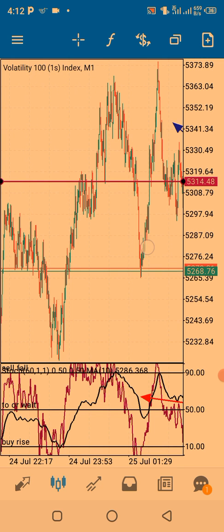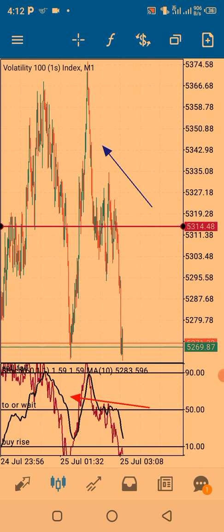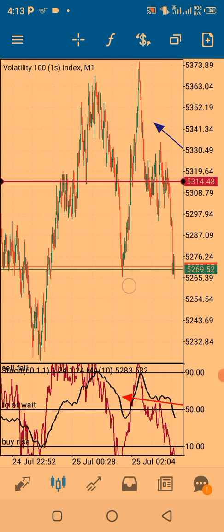I beg, 1 minute time frame, and then your contract time should be equal to 15 minutes. This is ideal, it does work. It's ideal because in 15 minutes you are going to have 15 candles.